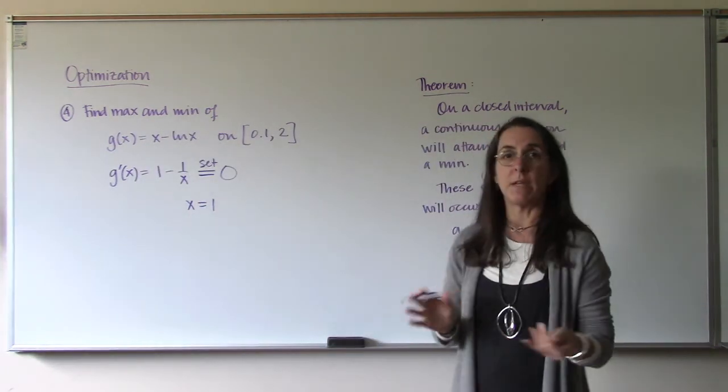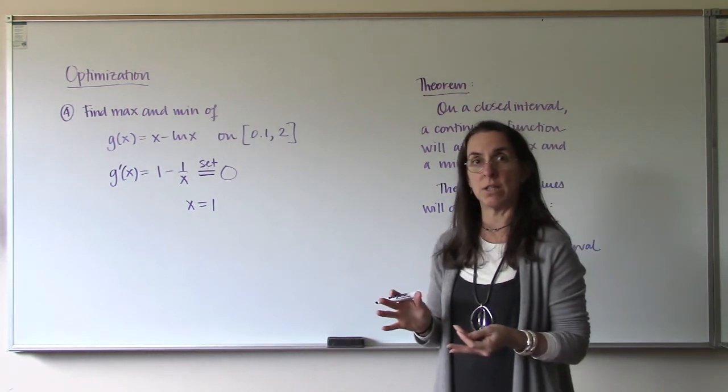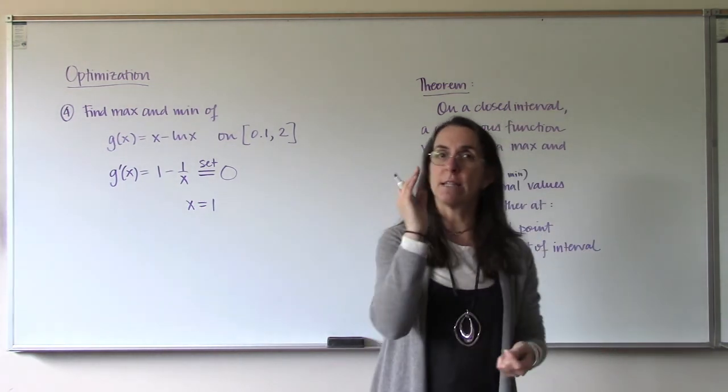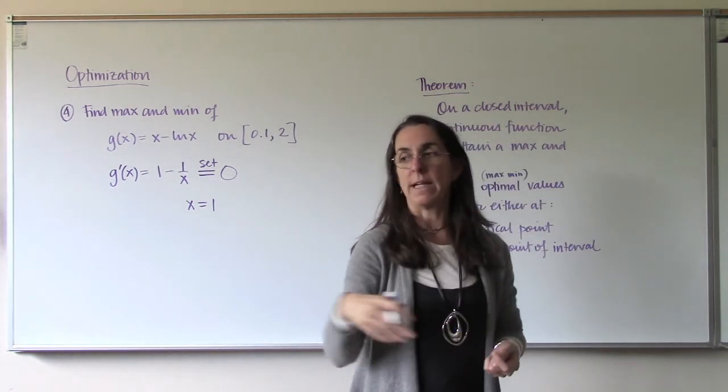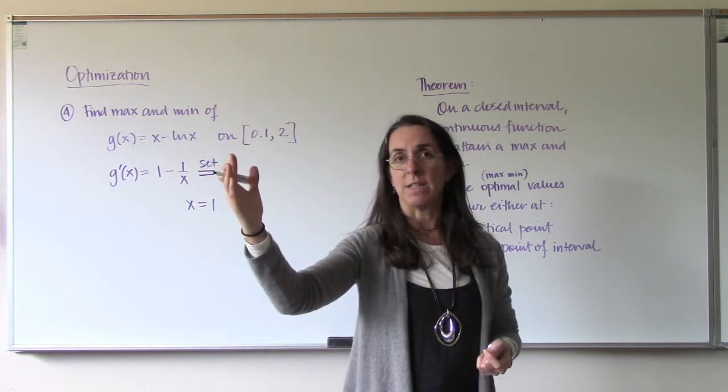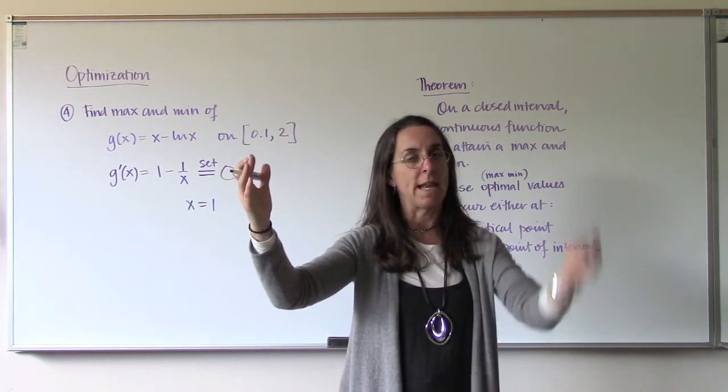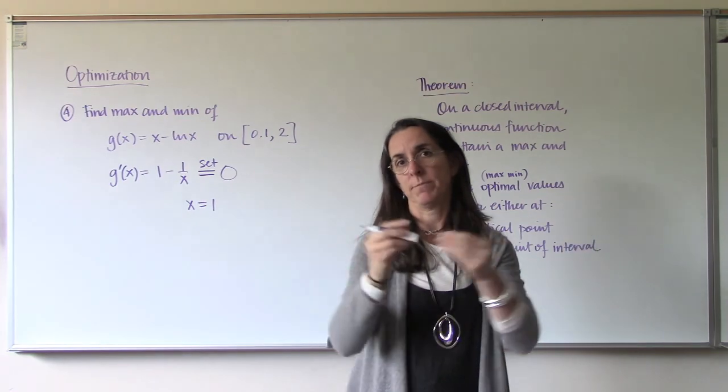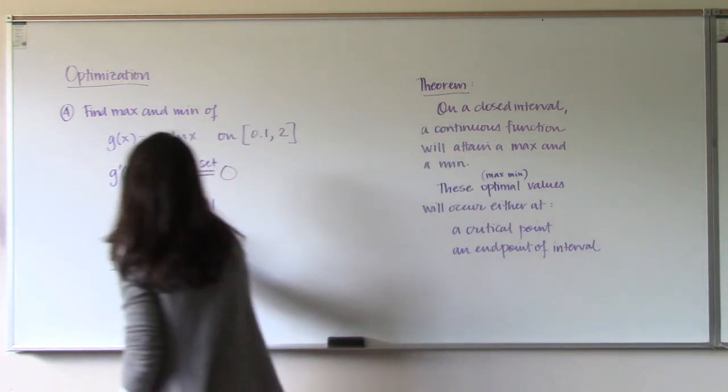So there are 3 places that I need to look. I need to look at the value at the critical point. I need to look at the value of the function at the left endpoint of the interval and at the right endpoint of the interval. So let's do that.